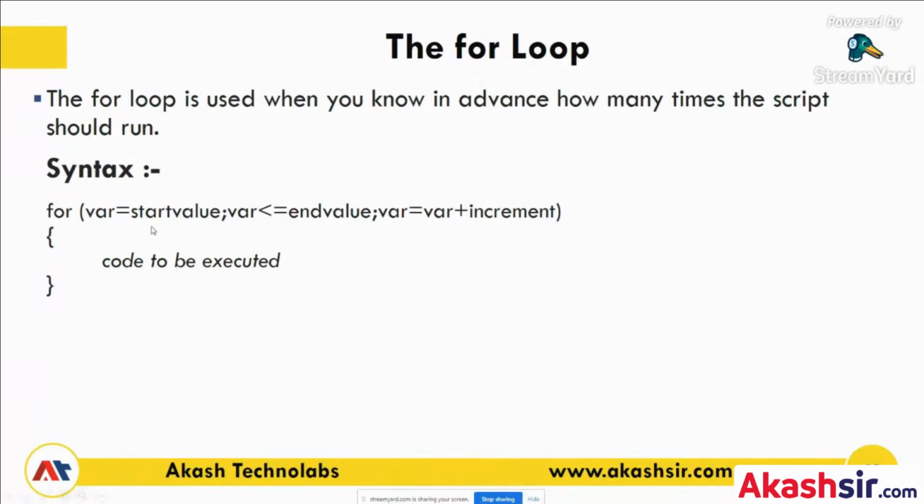So for example, this is a basic syntax. Here we have to specify the variable start value, variable with end value, and increment or decrement operator. The increment operator is used for adding some value to your variable, right? So increment will add 1 to your variable.